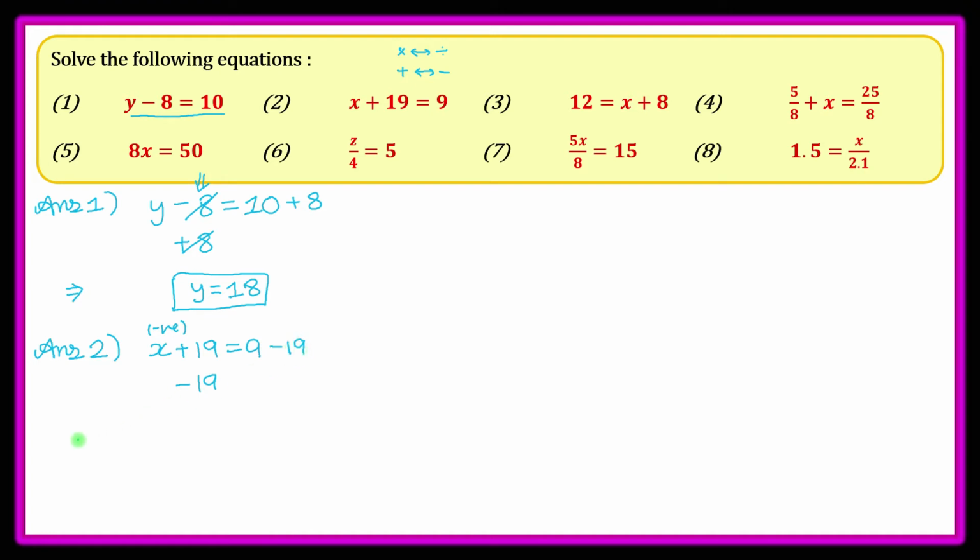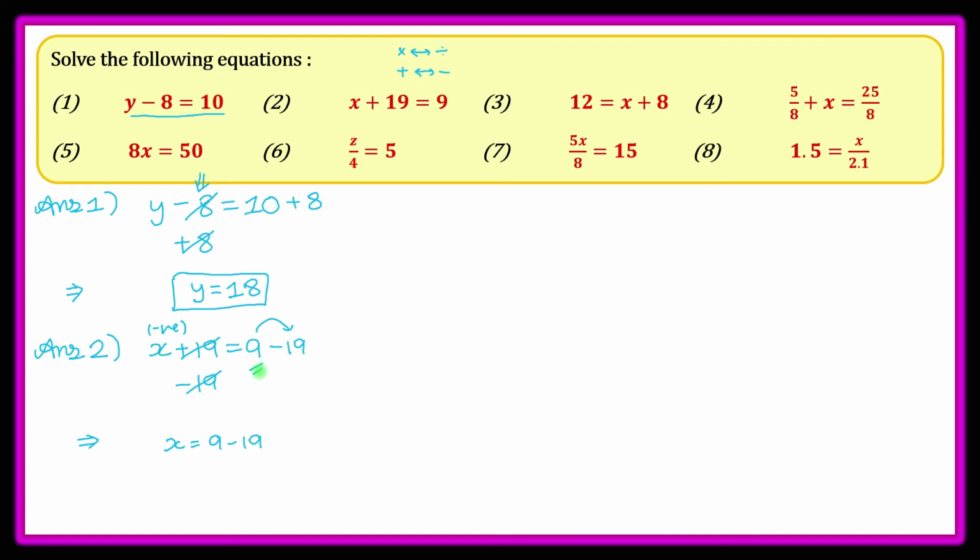Here we go. And here it will get cancelled on the left hand side and we will have x equal to 9 minus 19. One thing I want to tell you is that when you perform addition, subtraction, multiplication or division, here I had subtracted 19 from both of the sides, remember to always put the number at the second place and don't switch the numbers.